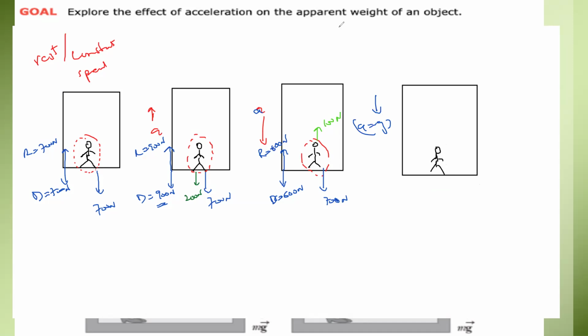The weight is again 700, the weight is not changing, only the apparent weight changes. His weight is 700 Newton, but to resist the change, because of the inertia, he has a force of 700 Newton. So the total downward force will be 0 Newton, and the total upward force will be 0. In that case, there will be no normal contact force.